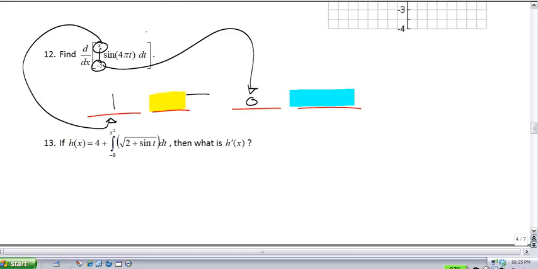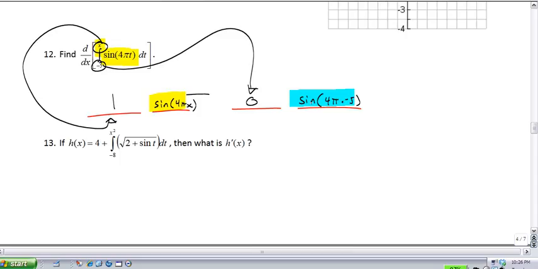Well, what goes in the yellow is that guy plugged into the equation, right, for t. So it's just sine 4 pi x. What goes in blue? Sine, not that it matters, it'll cancel out, 4 pi times -5.